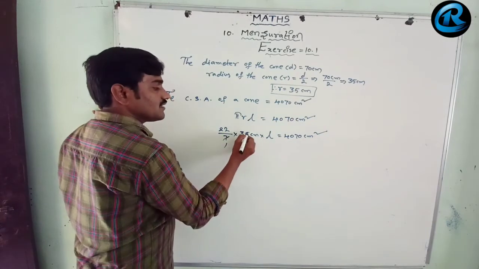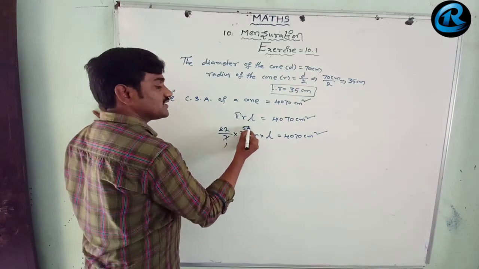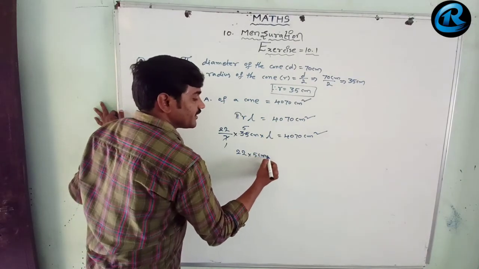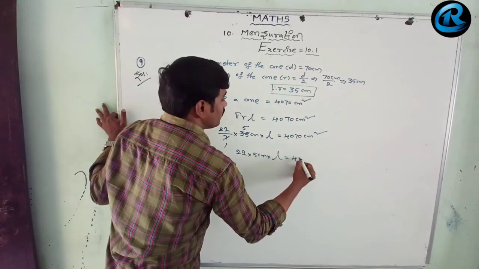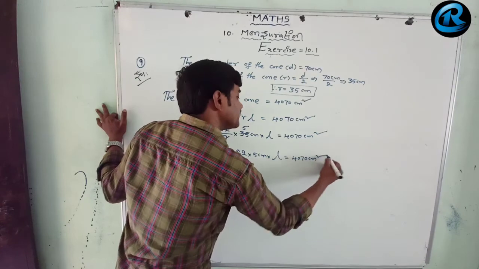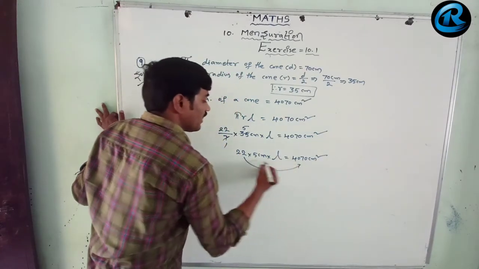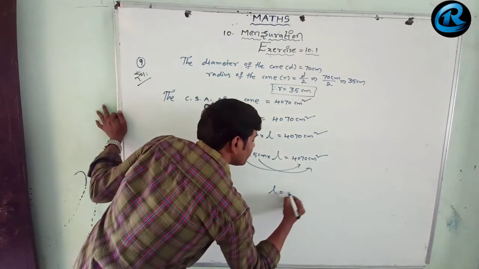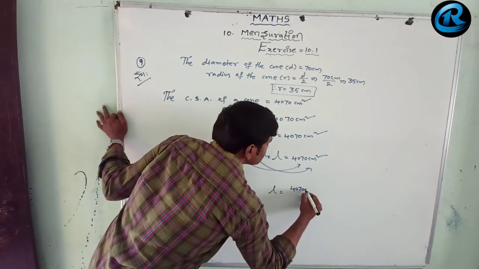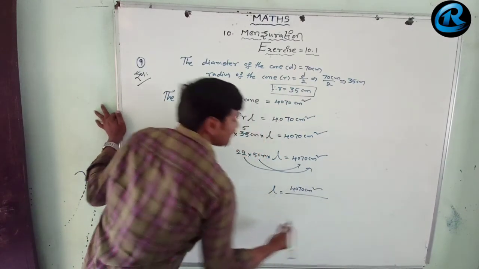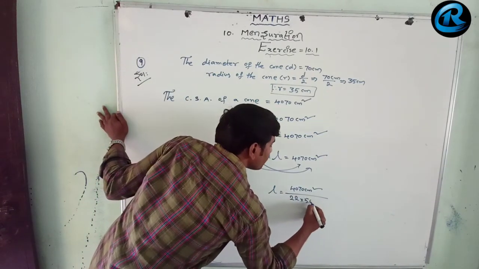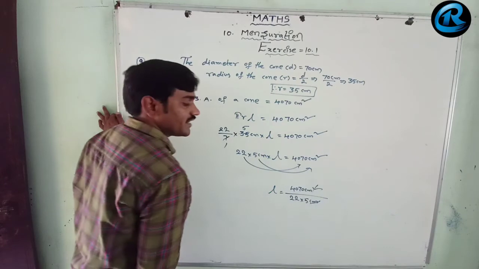See, 7 ones are 7, 7 5s are 35. So 22 into 5 centimeters into l equal to 4070 centimeter square. This 22 and 5 centimeters we transfer to the other side so that we get the l value: 4070 centimeter square by 22 into 5 centimeters. 1 centimeter and 1 centimeter get cancelled.